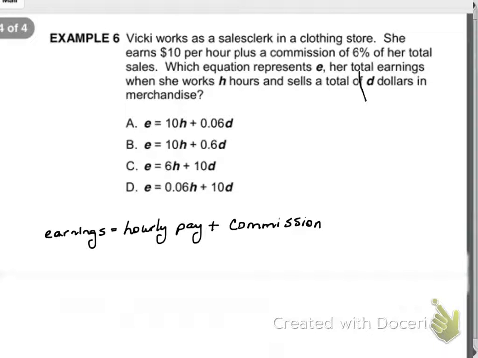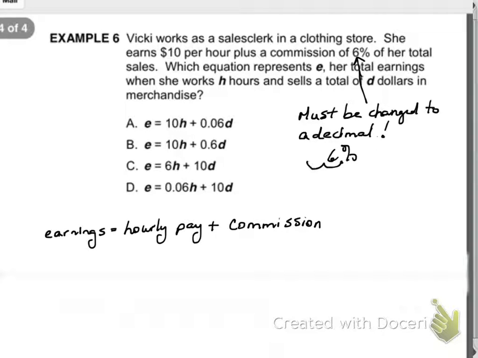Now, anytime you have a percentage in a calculation like this, you have to change that to a decimal. That's very important. So in our formula, if you have 6%, you start with your decimal here and move it over 2 places.